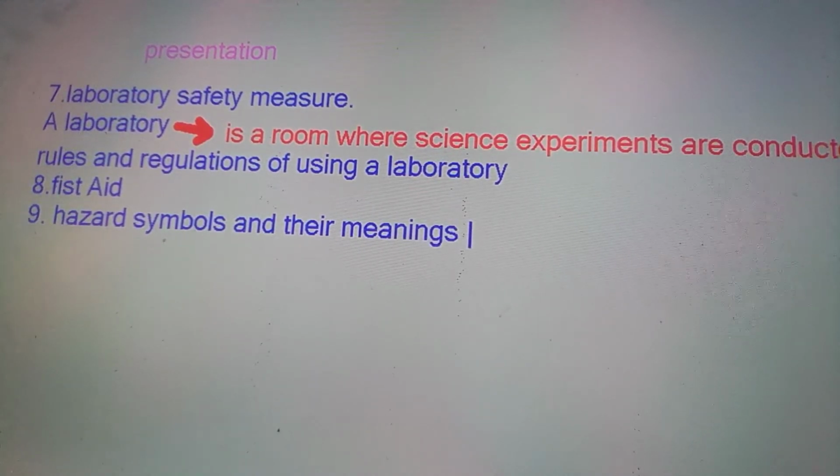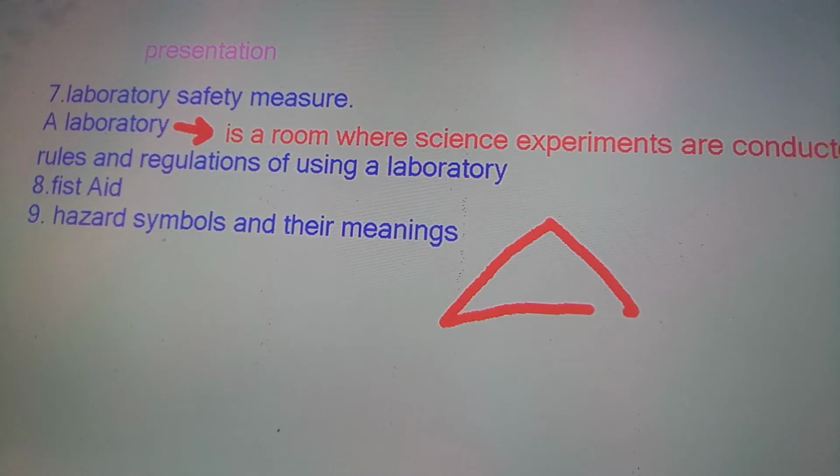If we draw a symbol like this, it can mean that this is general danger.